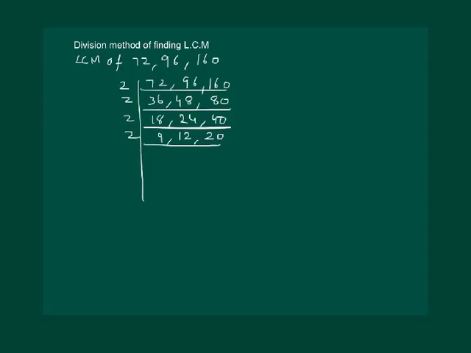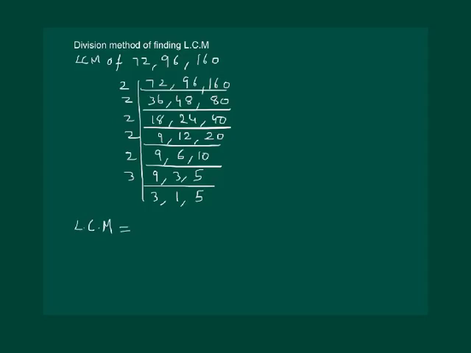Now 9 cannot be divided, so 9 can be written as it is. Then 6 and 10. If we take 2 again, then we write 9 as it is, 3 and 5. Now we can take 3, we get 3, 1. Now 5 cannot be divided, so 5 as it is. So we have reached numbers which are co-primes, that is, they do not have common factors.